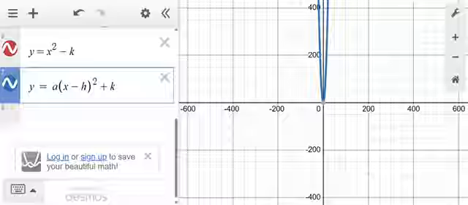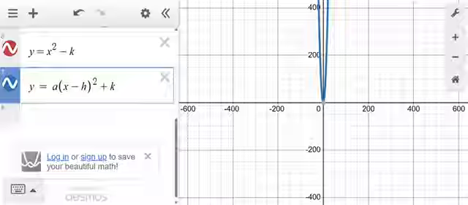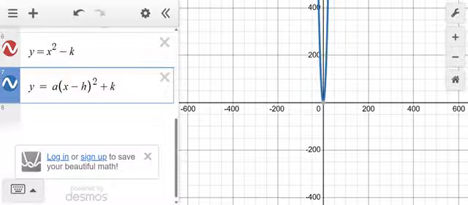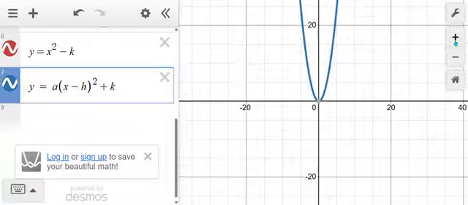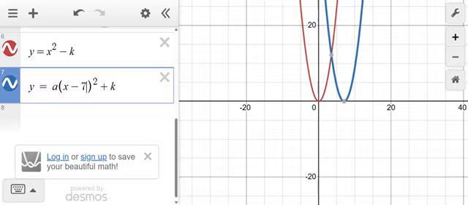Let's see. If I take the h and go -7, give me your parent parabola. How do you think it's going to move? Some people are going this way, some people are going this way.